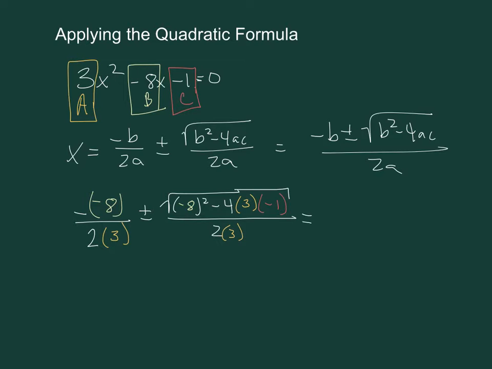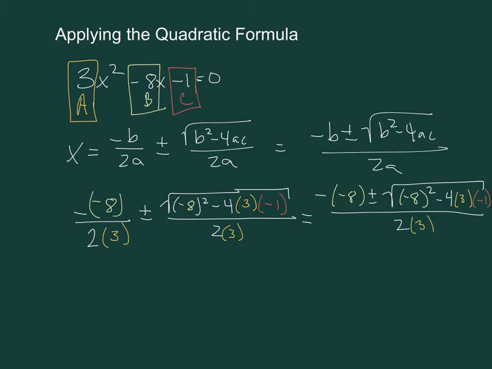That is the same as saying negative b, negative 8, plus or minus the square root of b squared minus 4 times a times c, all over 2a. Okay? So, same thing.